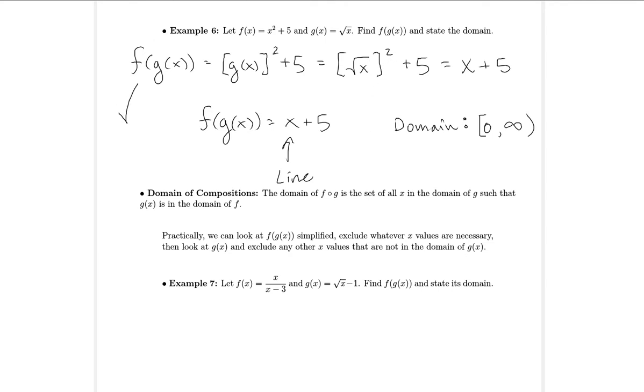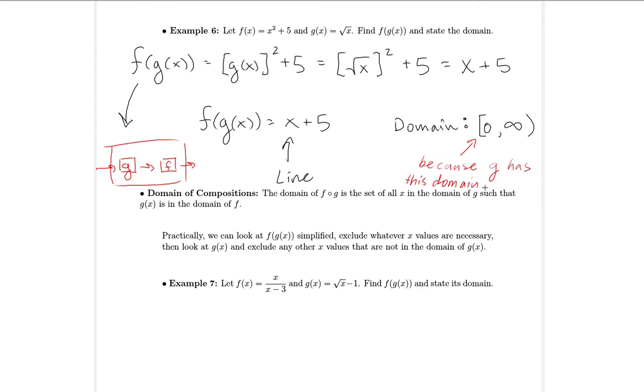Remember the picture of a composition: you have to send your x's into g first, and then whatever comes out gets to go into f. That's what a composition does. So even though you could do some algebraic tricks to simplify it, and you should, that doesn't mean you're not still technically sending it into g. So this is the domain, and that is because g has this domain.